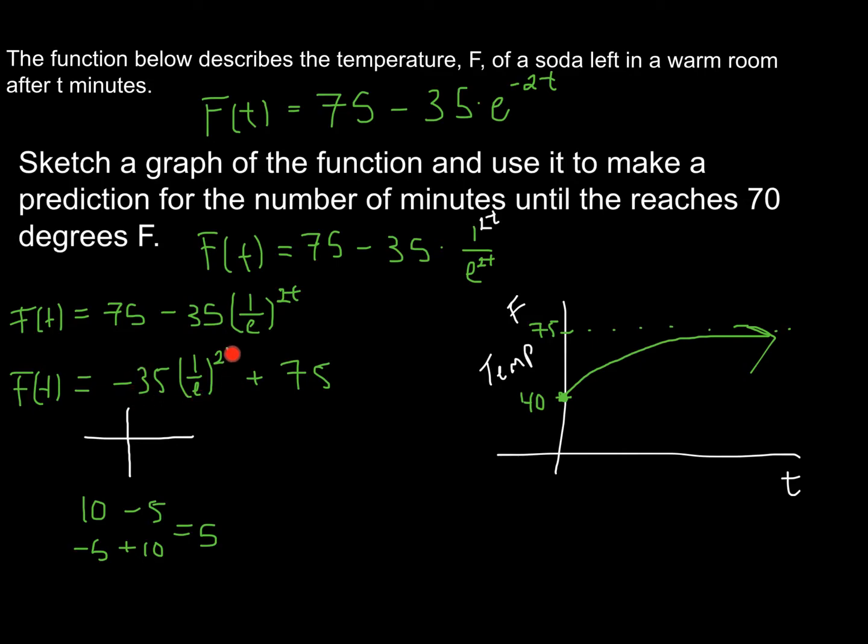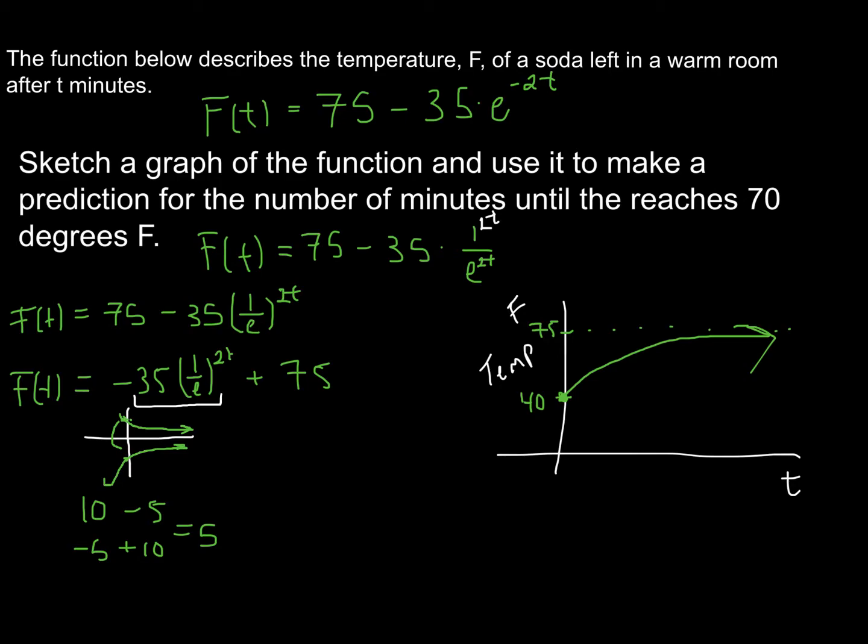So if I first just consider this piece here without the negative, what I'm realizing is that when t is 0, it's going to have a value of positive 35, and since the b value is less than 1 but greater than 0, it's going to decrease and get shallower and shallower. But the negative out front reflects this over the x-axis, so now this point's going to come down here, it's going to be negative, and it's going to move upward like that.